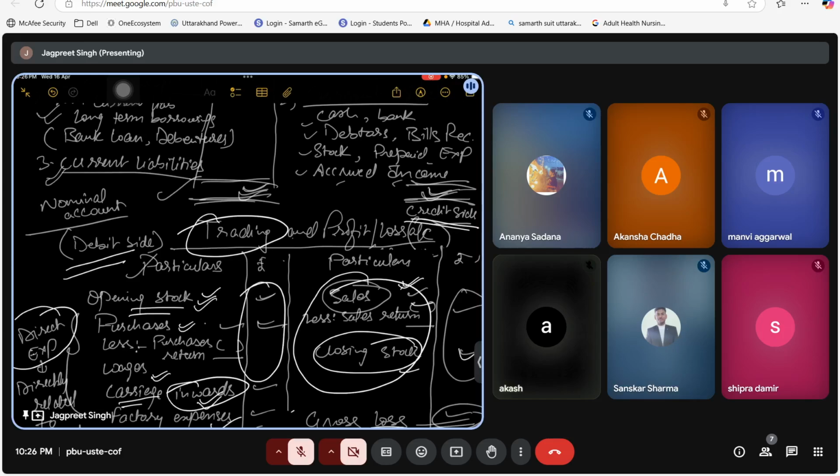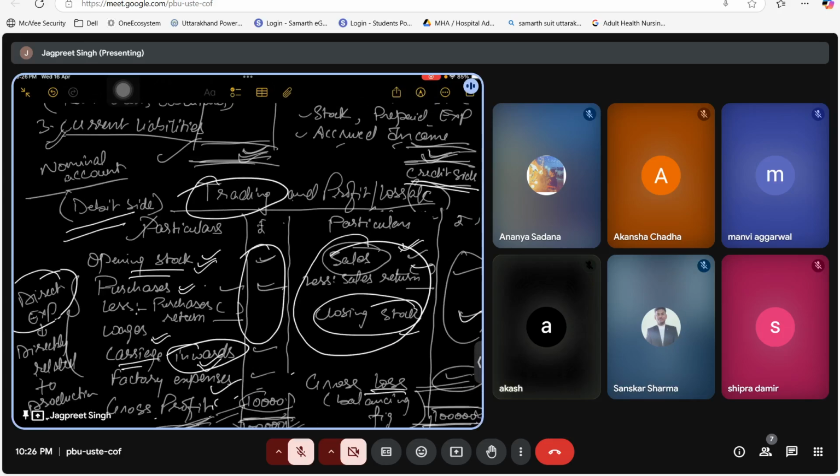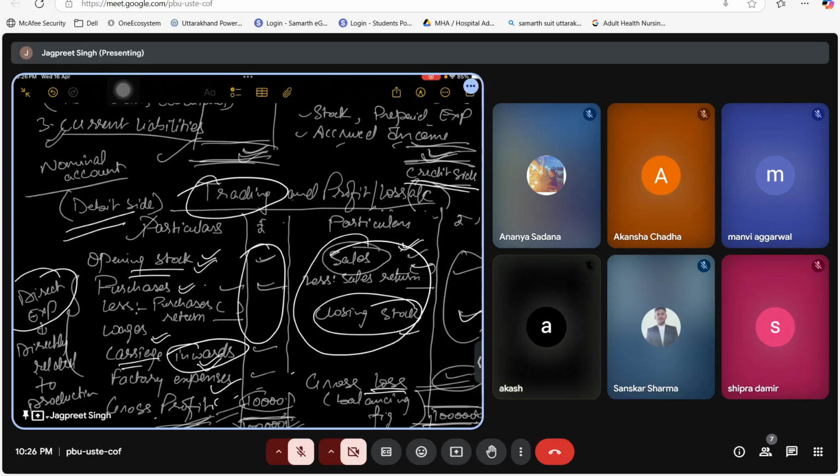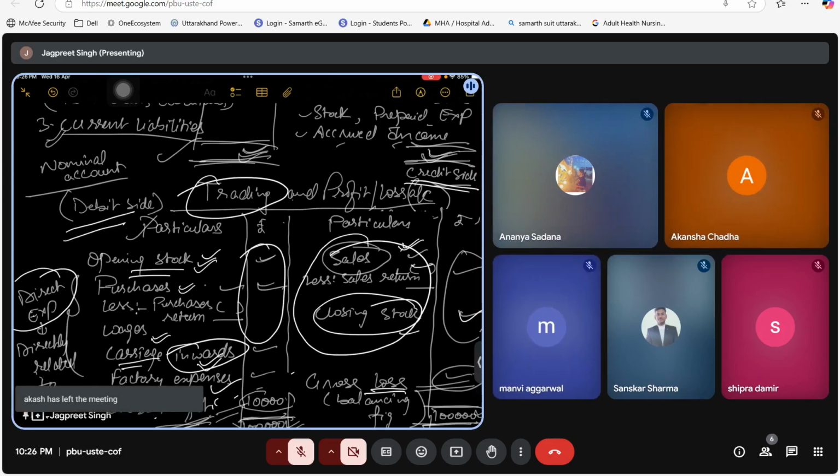Users means that if someone is interested in our company, maybe they have invested money in our company, maybe they have given goods or raw material on credit to us, maybe they are the investors, or maybe they are the employees, or they are government. These all are the users of financial statements.